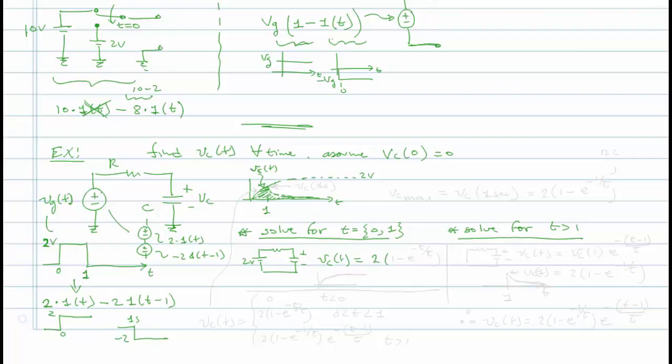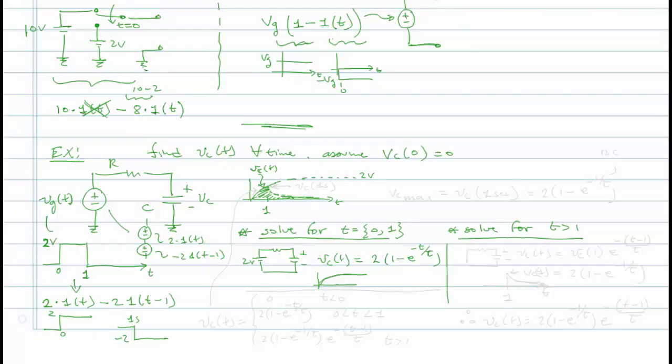So it will be 2 times 1 minus e to the minus t over tau. It'll just look like this.